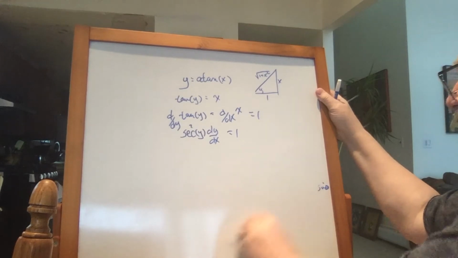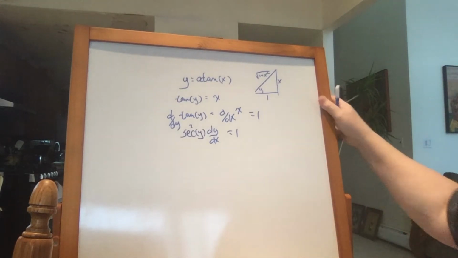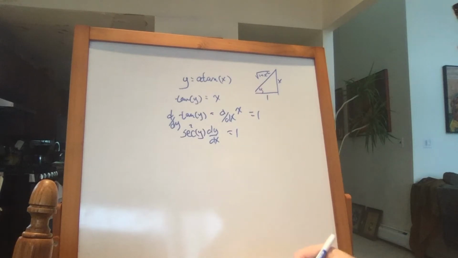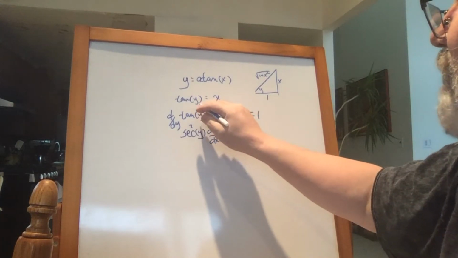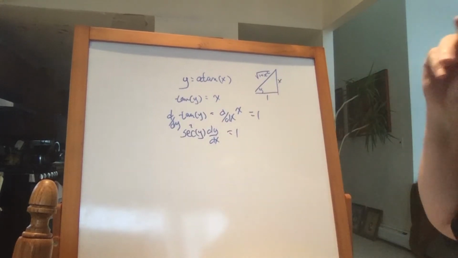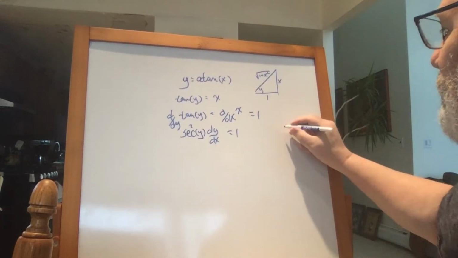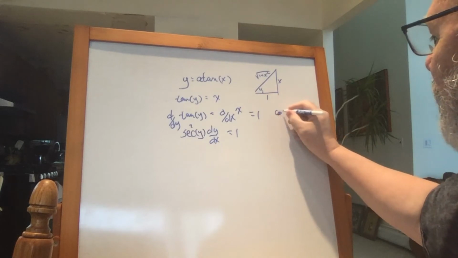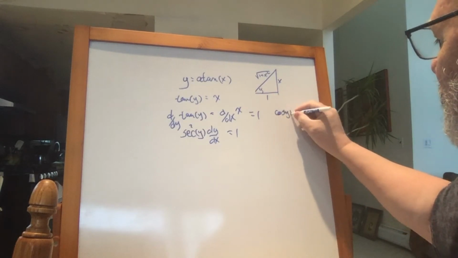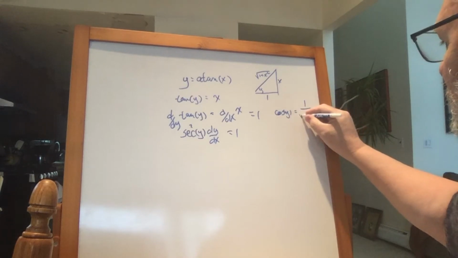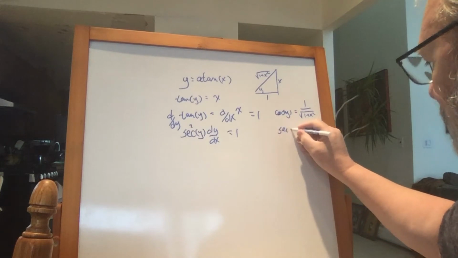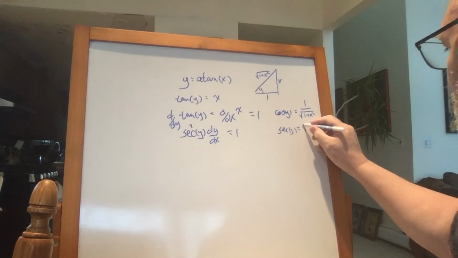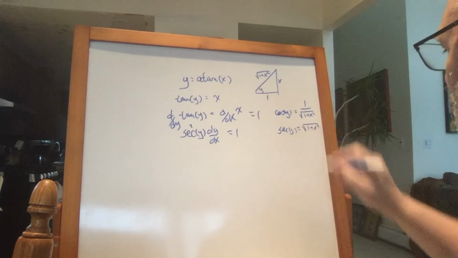And it's all bookkeeping. The principles aren't that hard. It's being careful, and often that's my problem, is that I'm not careful. Okay, so we have y equals arctangent of x, so tangent y equals x. Cosine of y would be equal to 1 over the square root of 1 plus x squared, so secant of y would be the square root of 1 plus x squared.